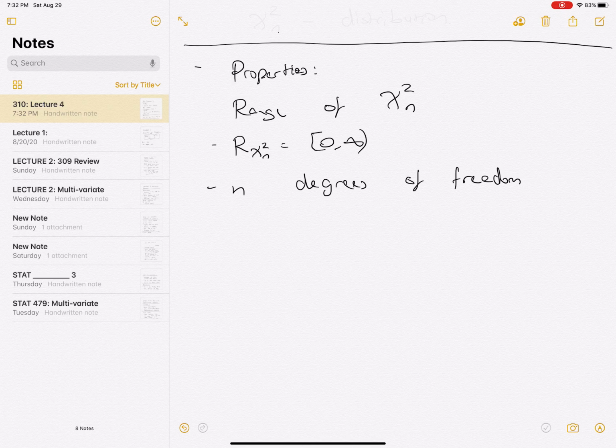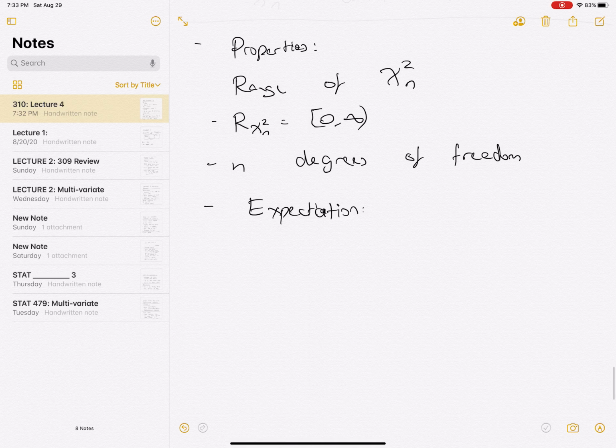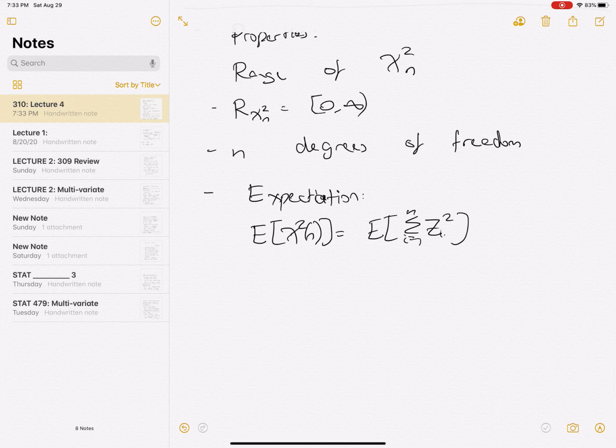So now let's think about the expectation first. We can use linearity of expectation here to look at what the expectation of Zi squared is.